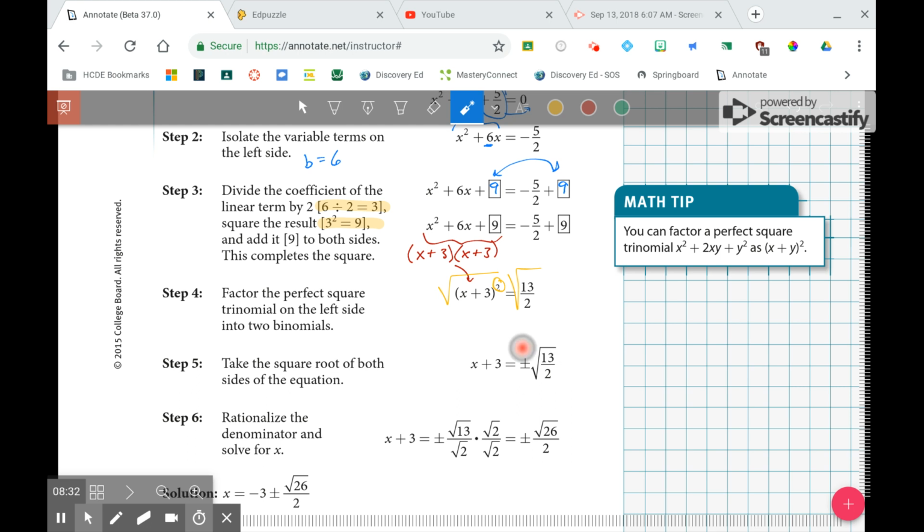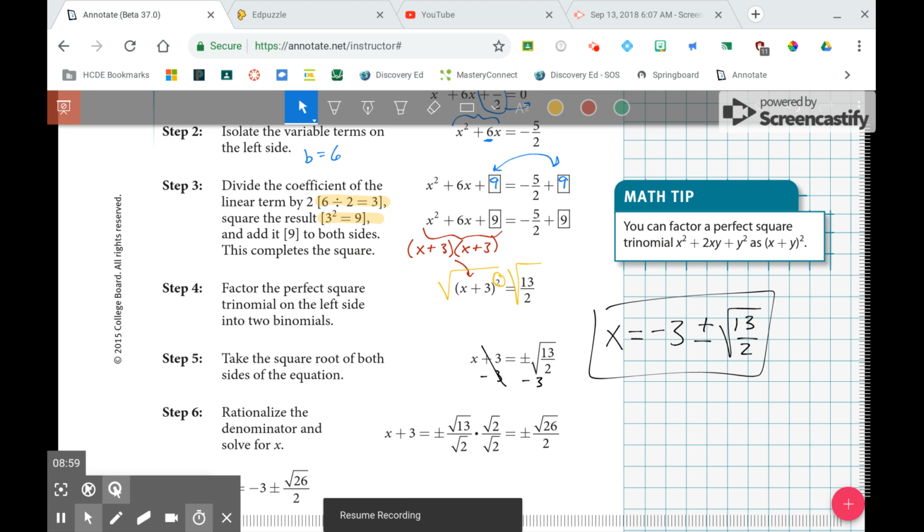For our purposes, we're going to leave this right here, like the square root of 13 over 2. Tomorrow we may talk about rationalizing the denominator, but for right now, all we need to do after this step is subtract 3 on both sides. So now x equals negative 3 plus or minus, and put one big square root, 13 over 2. That's as far as we will go for today.